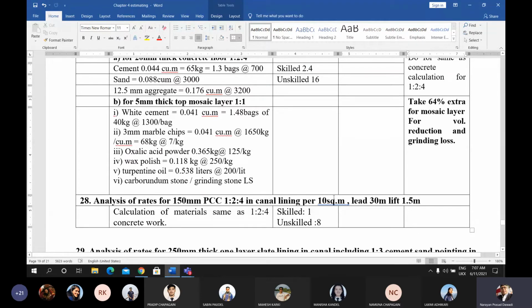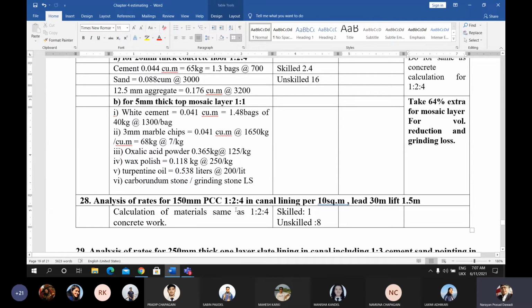For 10 meter, 10 into 0.15, you will get the volume of the concrete, which is the wet volume, multiplied by 1.54. You will get the dry volume of concrete, and that is divided by the total proportion. You will get the volume of the cement, and that volume of cement is multiplied by 2 for the volume of sand, and by 4 for the volume of the aggregate, calculated in a similar way, okay.